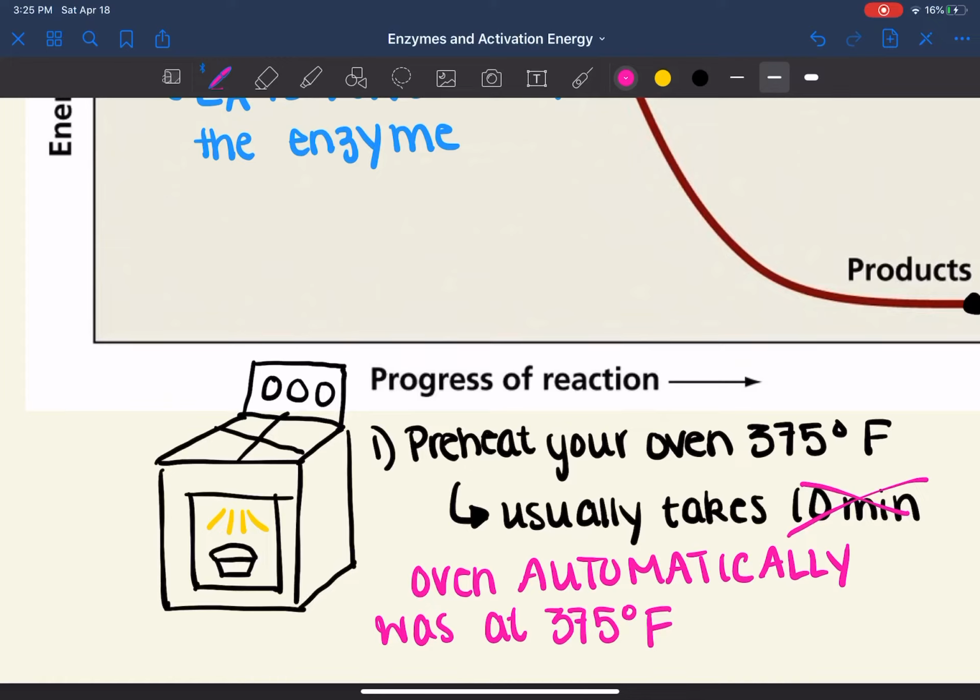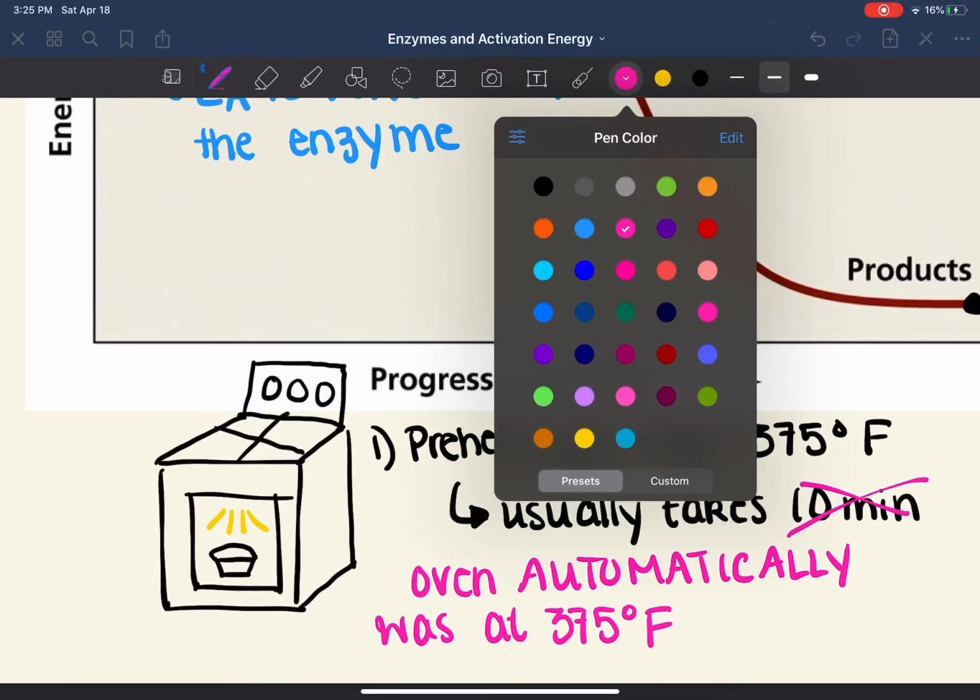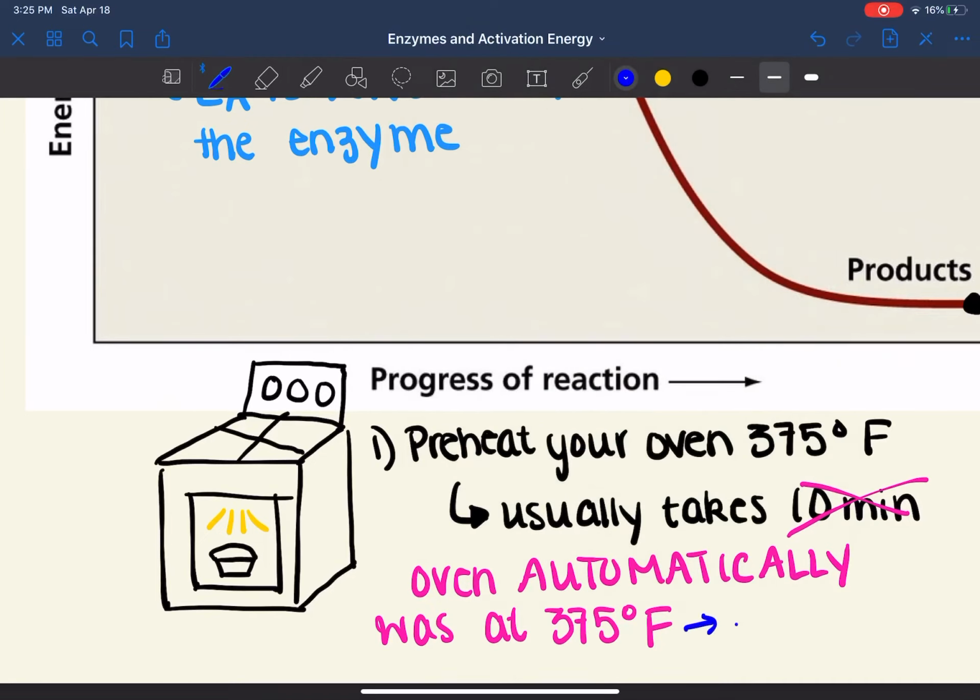You don't even have to wait those 10 minutes. Well, that's exactly what an enzyme would do. An enzyme would make that already happen.